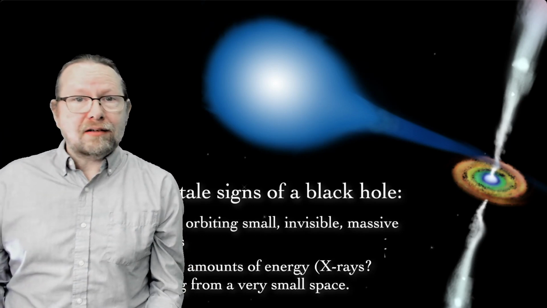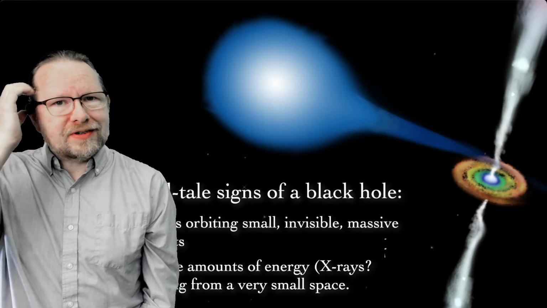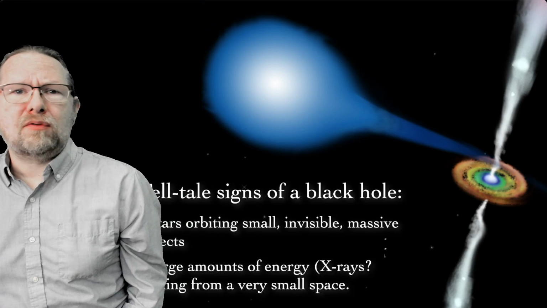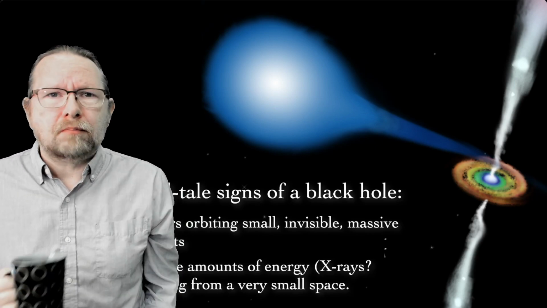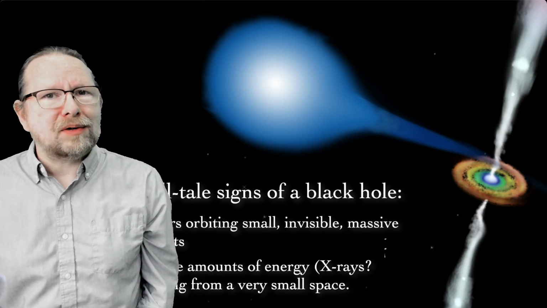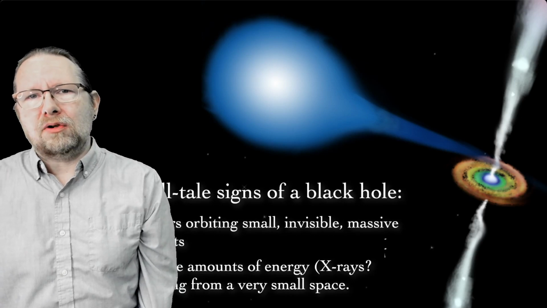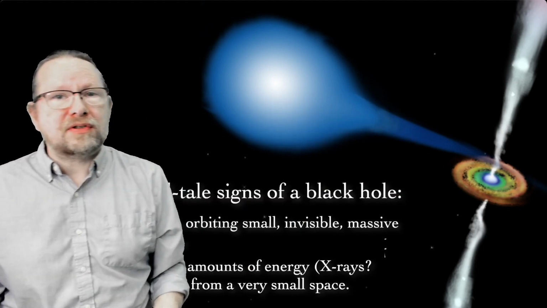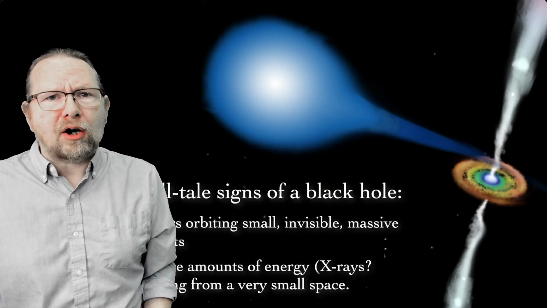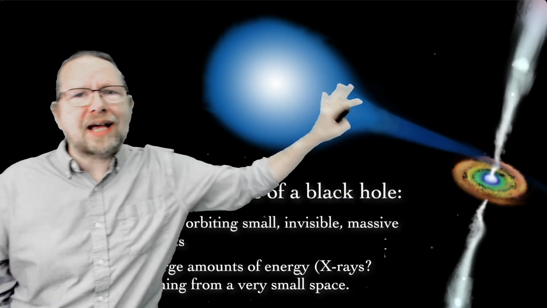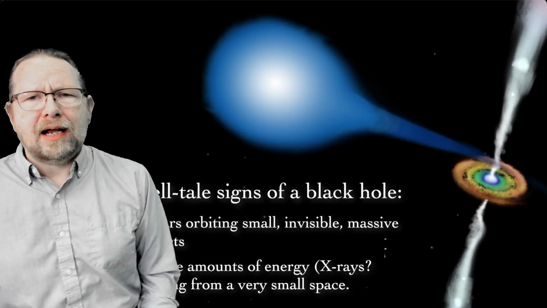We have seen objects like this before. The first one, Cygnus X1, was observed way back in the late 1960s. We have known for almost my entire life that black holes are probably real things in the universe. Stellar mass black holes, though, black holes caused by the collapse of a single star, are actually pretty hard to detect because they have to be formed in somewhere where the black hole is having some kind of effect on an object nearby.